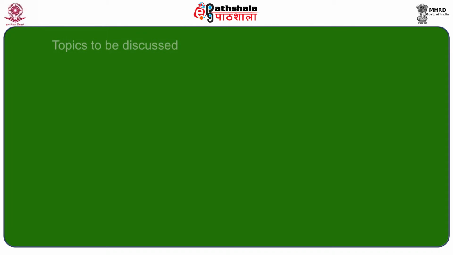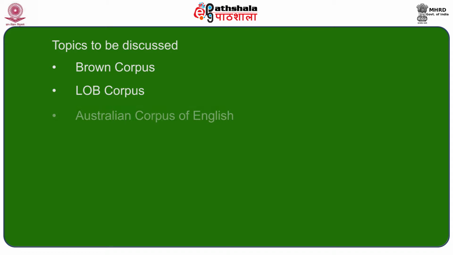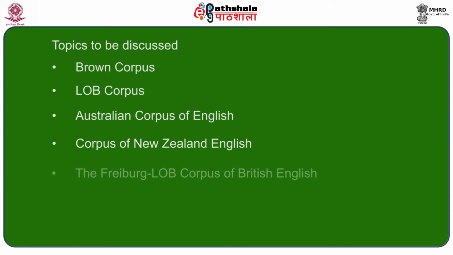In this part, we would like to discuss the Brown corpus, the LOB corpus, the Australian Corpus of English, the Corpus of New Zealand English, and the Freiburg LOB corpus. These 5 major corpora are discussed here.